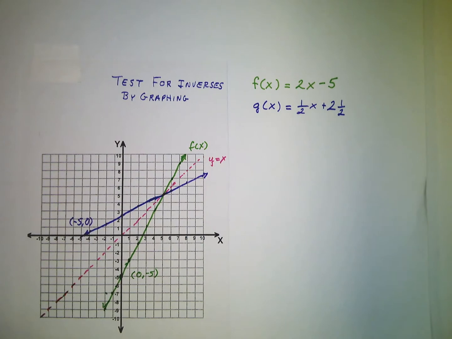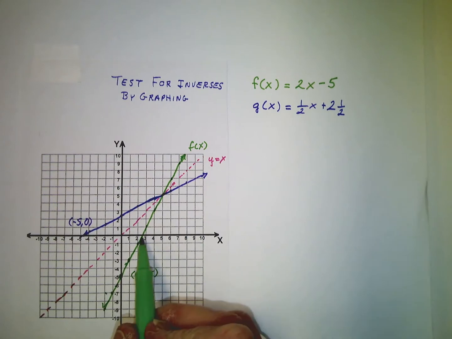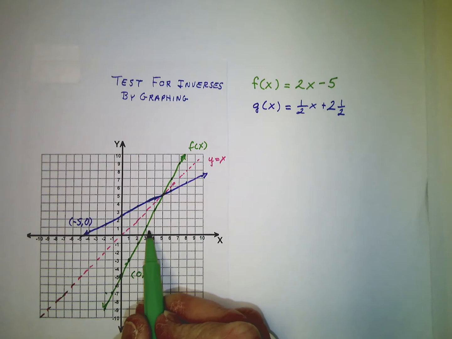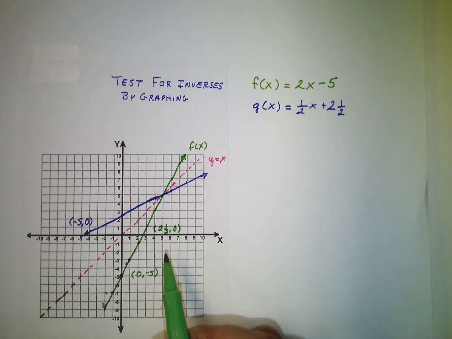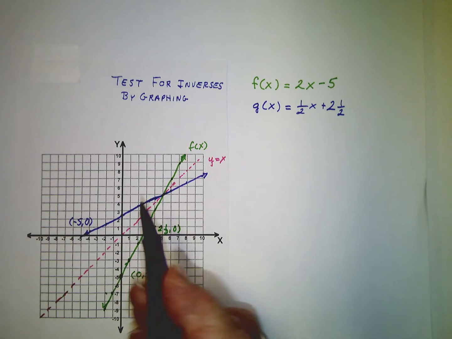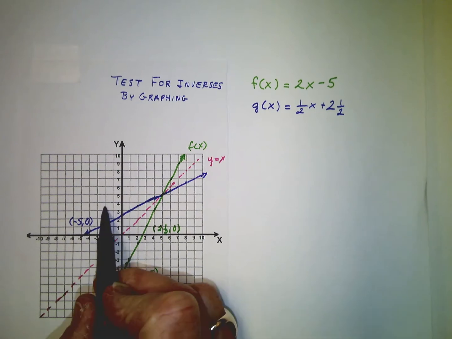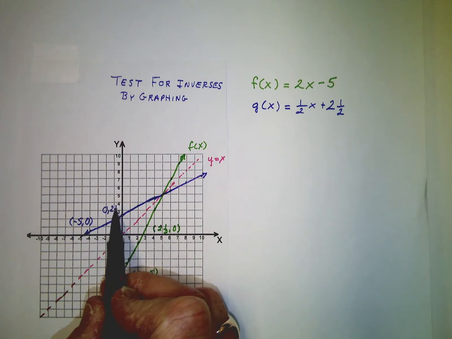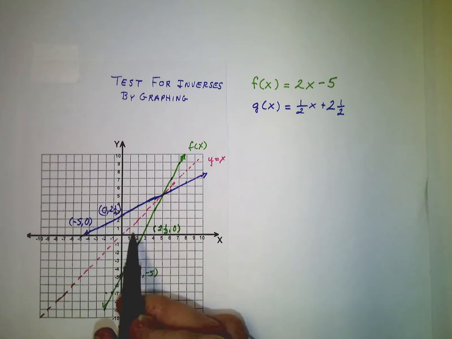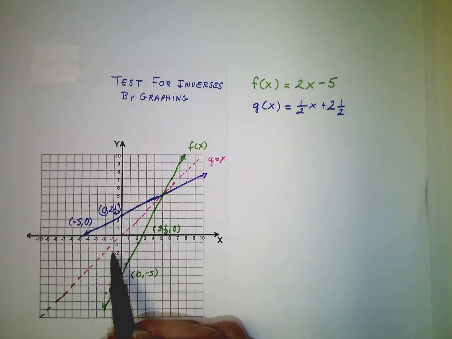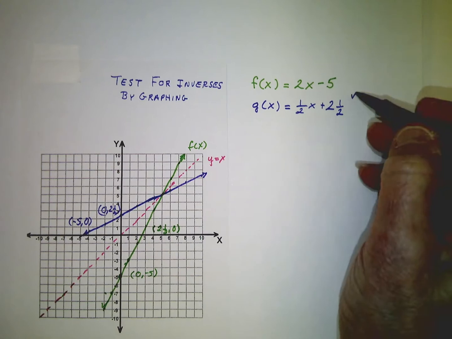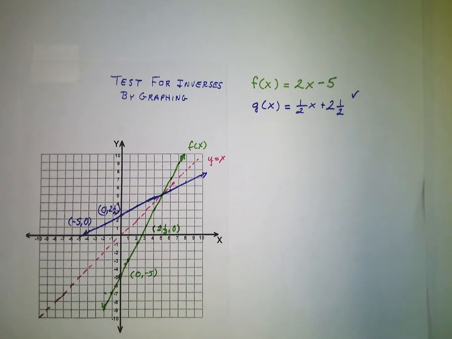A similar thing here on the x-intercept. For the f function, this is 2.5, 0. On the g of x, this is 0, 2.5. So again, they are reflected across the diagonal line. Therefore, yes, these are inverses of each other.